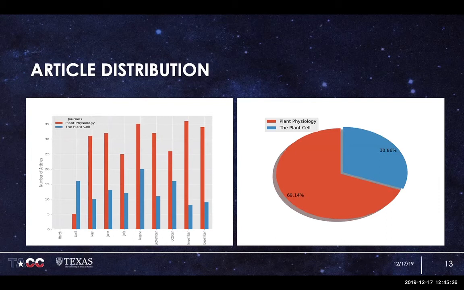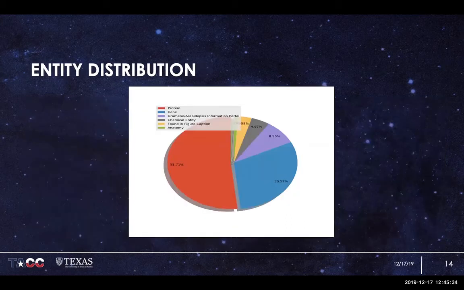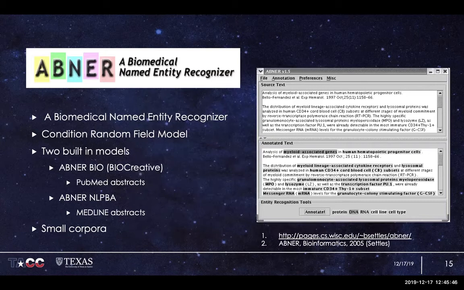Roughly, we find a 2/3 to 1/3 split between these two journals. And we see roughly 80% of the entities of interest are proteins and genes. You have some of the others, but by and large, it's proteins and genes that the authors are interested in. So that's the overview of our tool, Dive.